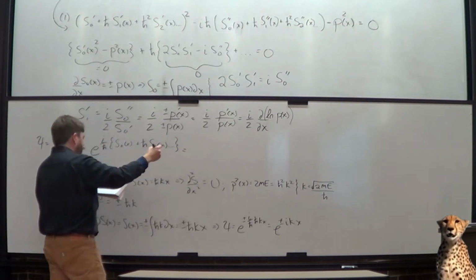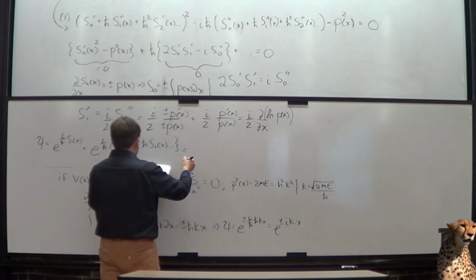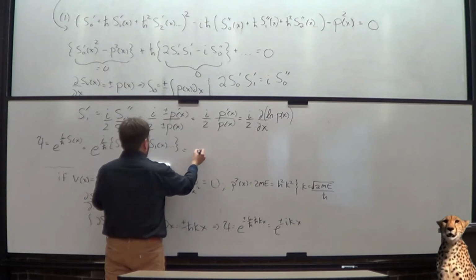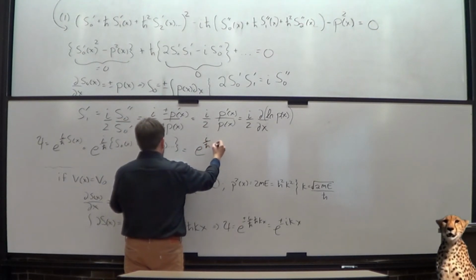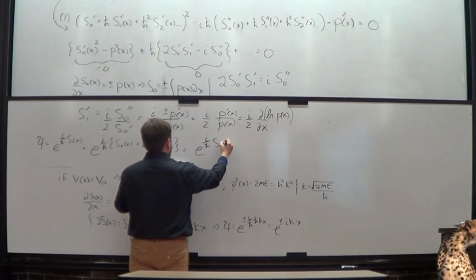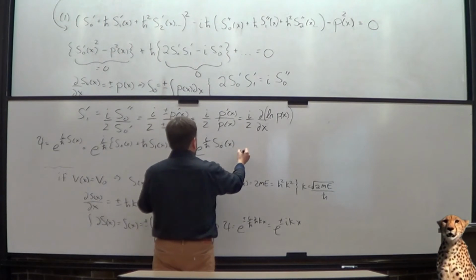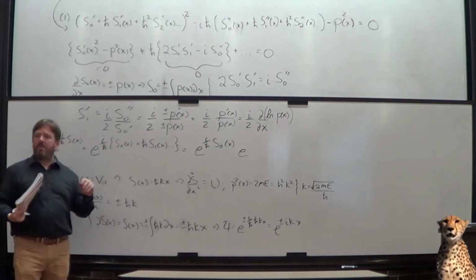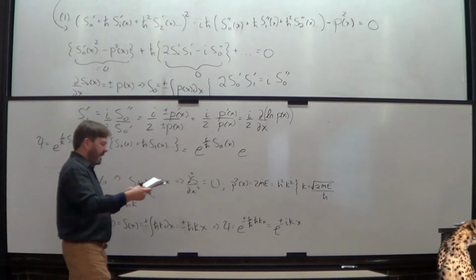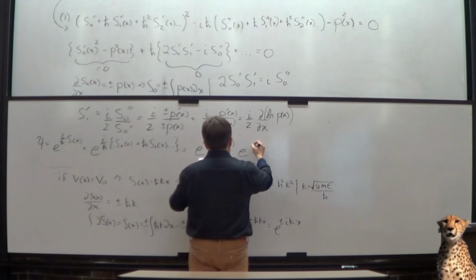Okay, let's see. What do we got? So we got e to the i over h bar s0 of x times e. So remember that we have e to the a plus b, it's e to the a times e to the b. Again, I'm hoping that you're caught up enough that I'm not throwing you off.